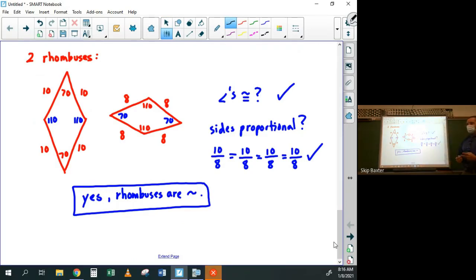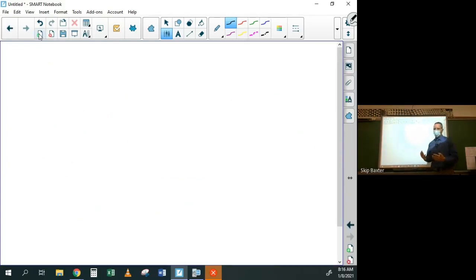The second question that you have to be able to answer is, if you know two figures are similar, how can you find missing sides? So for example, suppose they gave us a problem where you have two similar triangles.